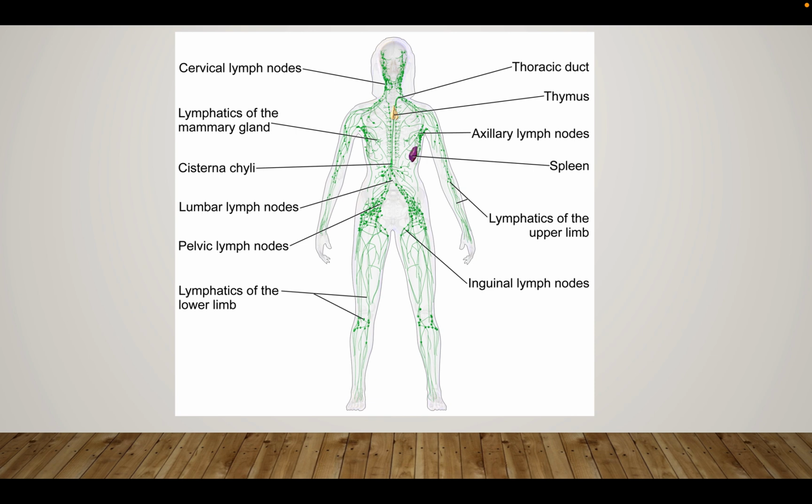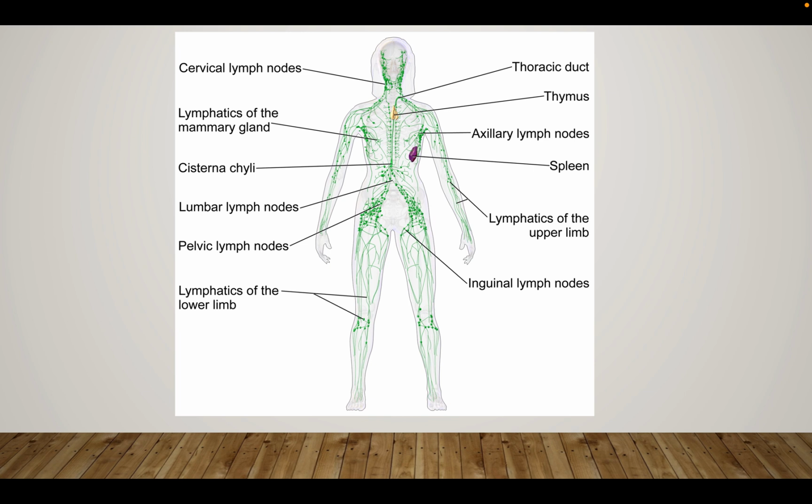Hopefully you see quite a few here in this inguinal region, as well as this pelvic region. You see quite a few in the axillary region, and then several up in the head and neck area, this cervical region as well. So these are three common locations for aggregations of lymph nodes, but keep in mind that they're really present all throughout the body.